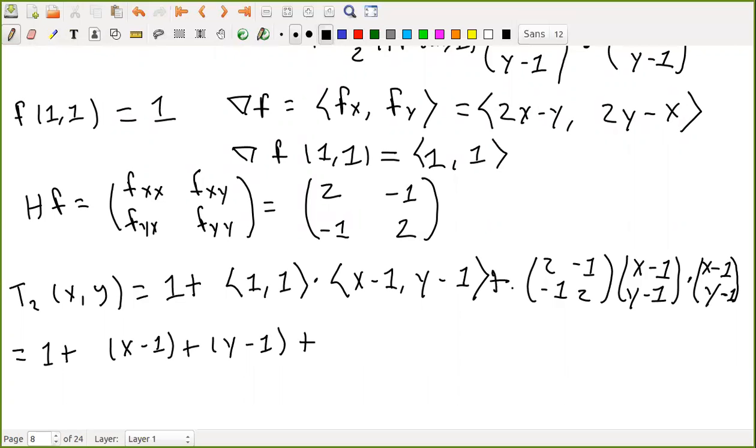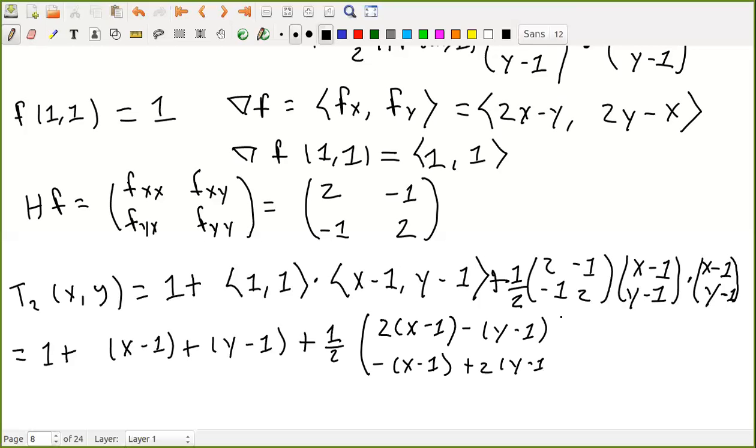Plus 1/2 there. When you do this matrix vector multiplication, this is 2 times (x minus 1) minus (y minus 1), and then this component is minus (x minus 1) plus 2 times (y minus 1).